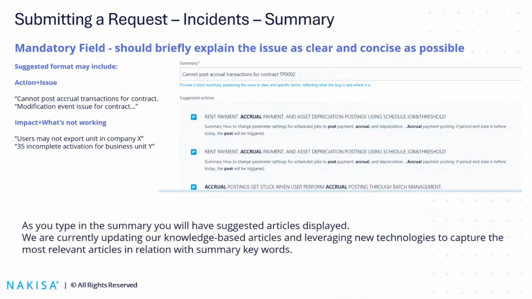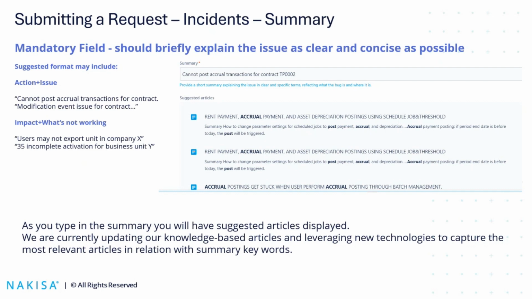Diving into the fields, the mandatory fields that we have for incident, the first one is the summary. It's very important that you use the keywords, and I included here some suggestions about how the summary should be, whether you want to make a combination of the action and the issue, or the impact, or what's not working. We are linking from the keywords that you have in the summary.